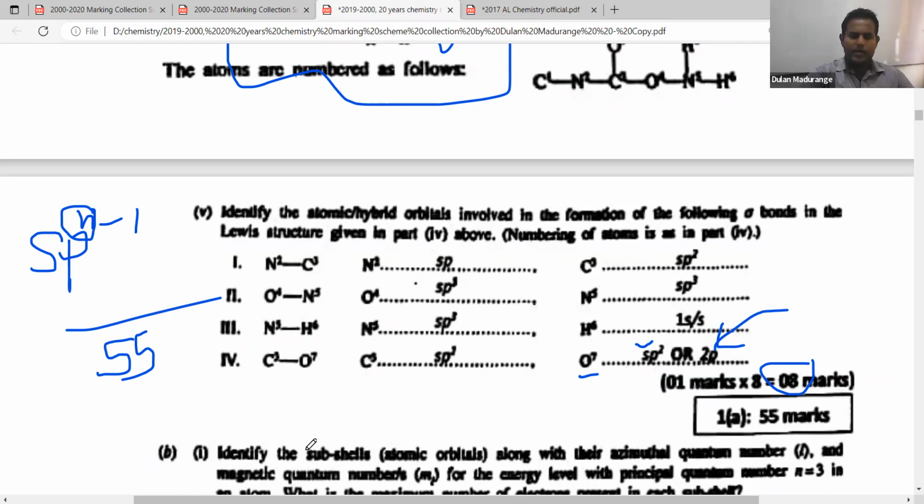We will discuss MCQs also after this part, right? Today we will be discussing MCQs also. If you have done only the MCQs, I told you to do MCQ and structured essay in one day, and the next day's session is the essay paper, right?